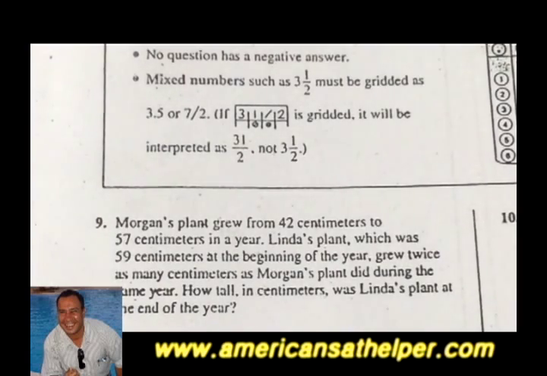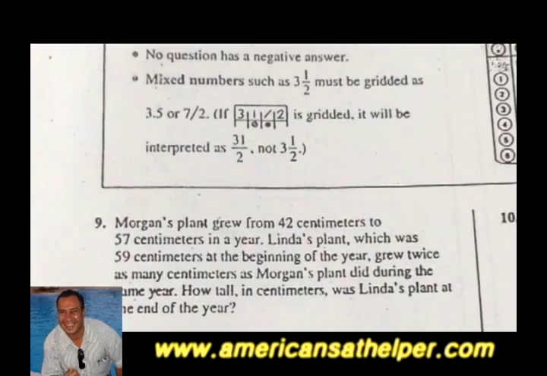Linda's plant, which was 59 centimeters at the beginning of the year, grew twice as many centimeters as Morgan's plant did during the same year. How tall in centimeters was Linda's plant at the end of the year?